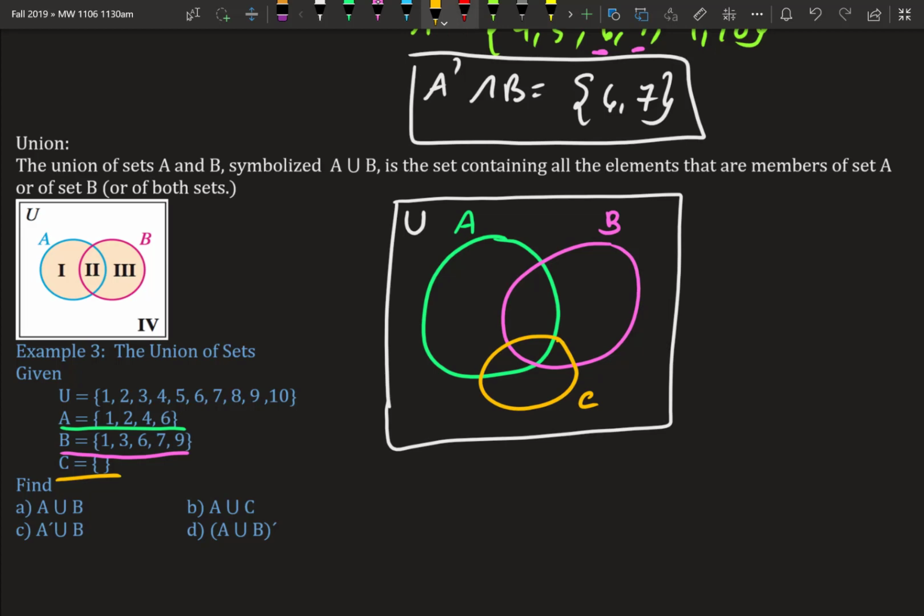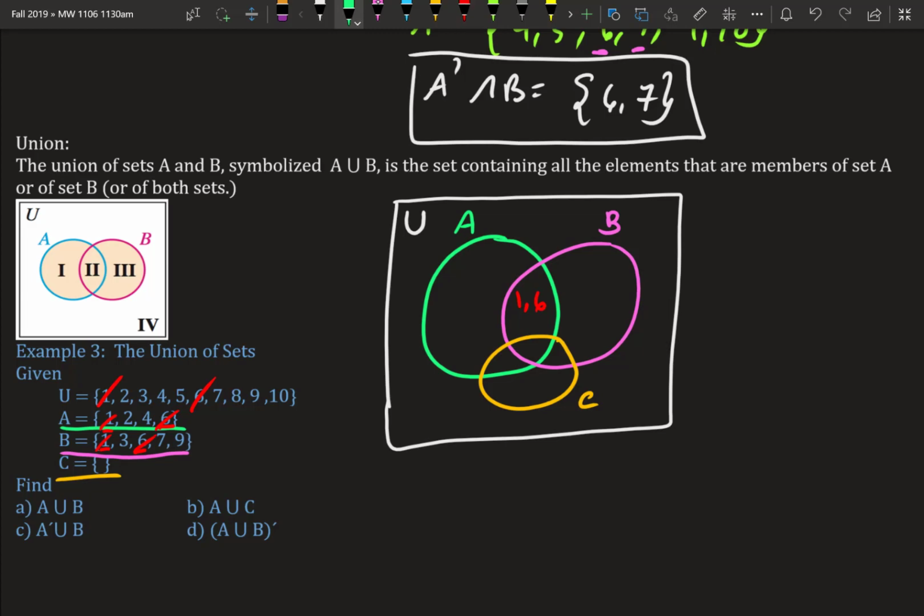All right, now we work backwards. Let's figure out, what do A and B have in common? So they have 1 in common. They have 6 in common. And that's it. So remember, we used 1 and 6, so take them out of the universal set. Now, since nothing else is in common, we're just going to write what's left over.